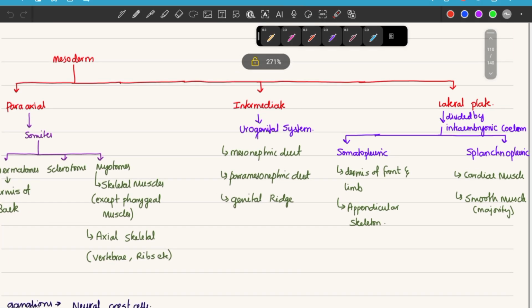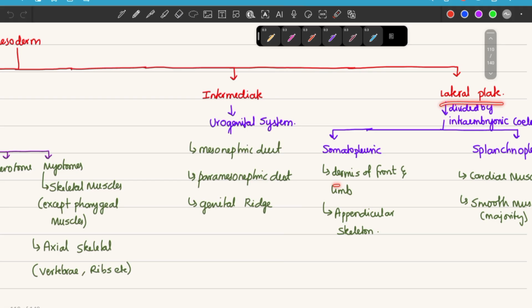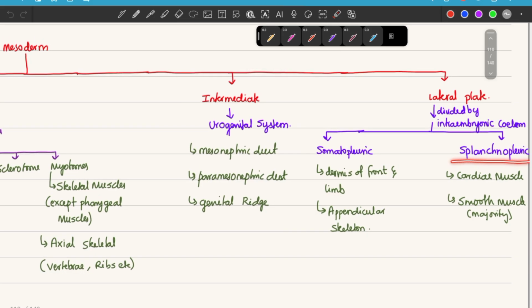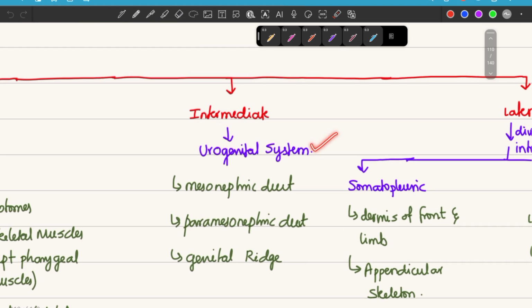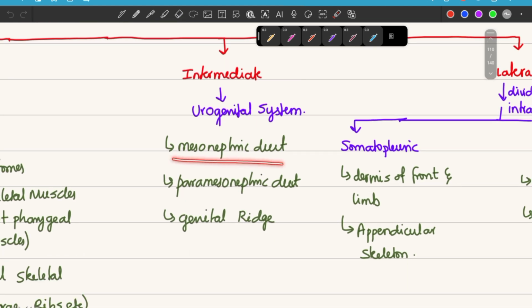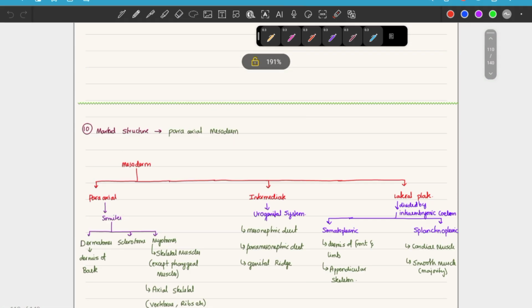Whereas lateral plate mesoderm gives dermis of front and limb, and also it gives the appendicular skeleton, that is peripheral skeletons. Splanchnopleuric mesoderm gives cardiac muscle, majority of the smooth muscles. Intermediate mesoderm gives urogenital system, mesonephric duct, paramesonephric duct, and genital ridge.